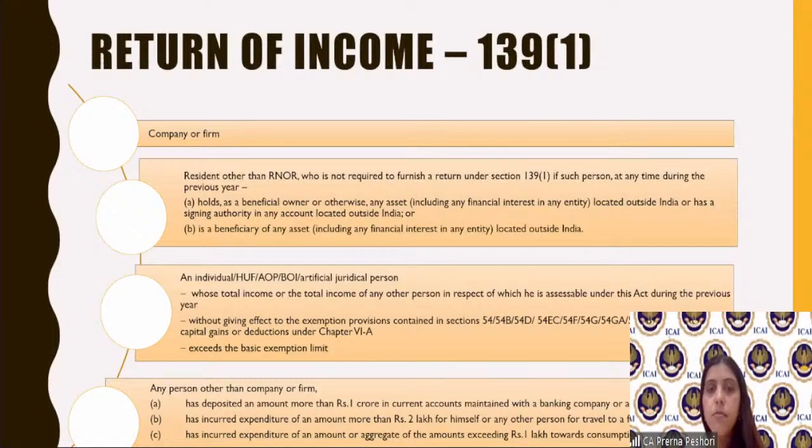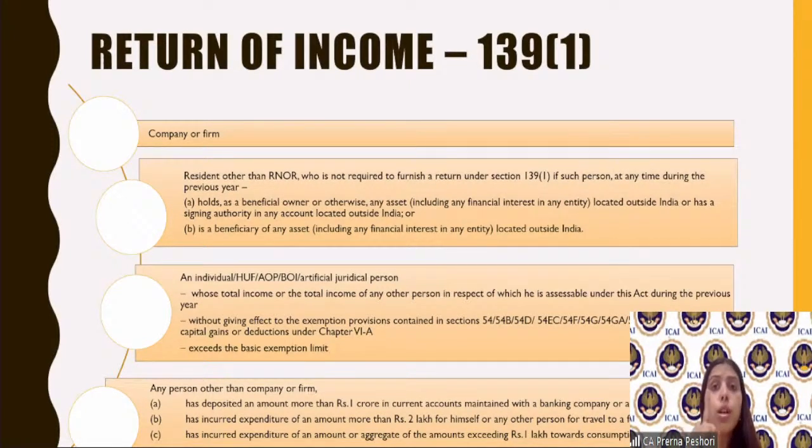Clear? Third category which is mandatorily required to file the return of income is individual, HUF, AOP, BOI, artificial juridical person, where the total income without giving effect to, without considering the exemptions under 54 series of capital gains or chapter 6A deduction exceeds the basic exemption limit.